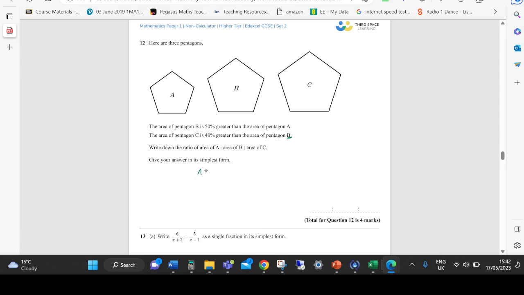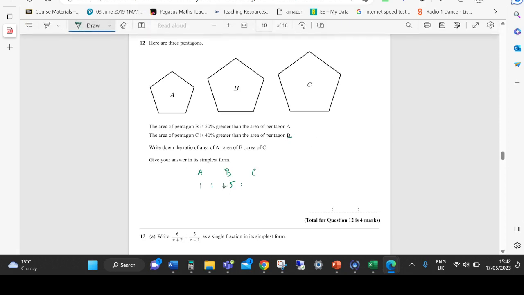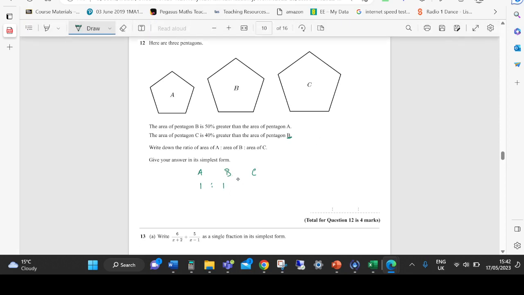So let's go A, B, C. I'm going to start with ratios like this. To get from A to B, it's 50% greater, so we're times-ing by 1.5. Then if I go area of B to area of C, I've got 1 and then 40% greater, 1.4.